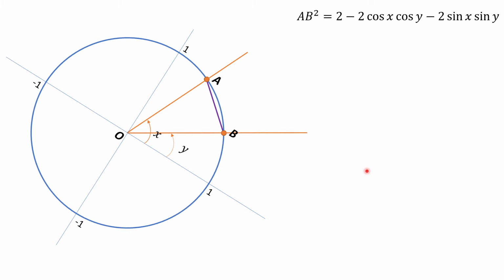If you look, the angle here is angle Y, here is angle X. So the angle between OA and OB is obviously going to be X minus Y. The next thing we're going to do is change our coordinate system. Instead of having it at an angle, we're going to make it straight.